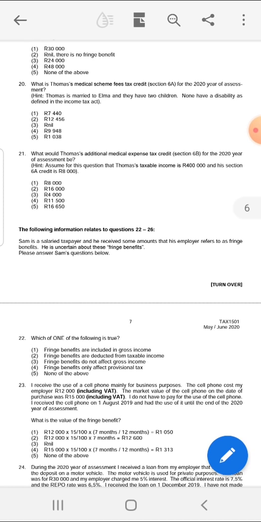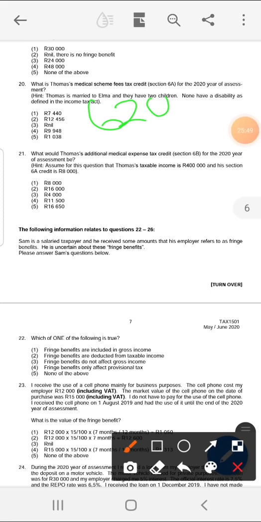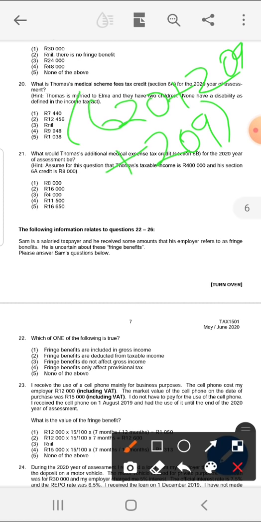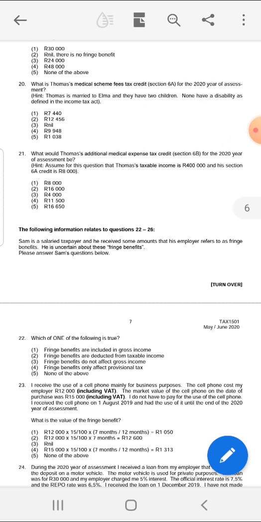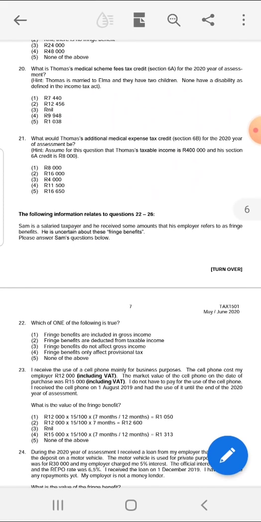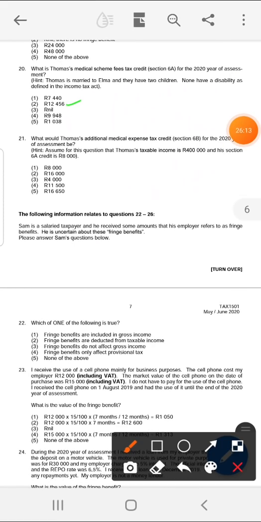None of the members have a disability. So for this question, we just say 620, since there are two members, plus 209 plus 209. The total, you multiply it by 12. It will give you 12,456. It will lead us to option 2. This is our correct answer.